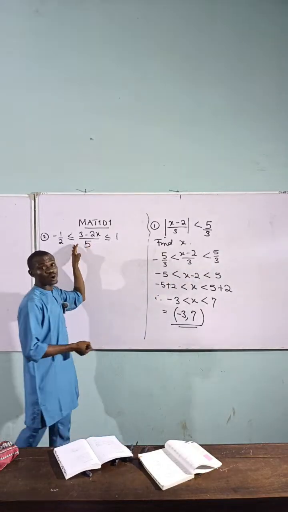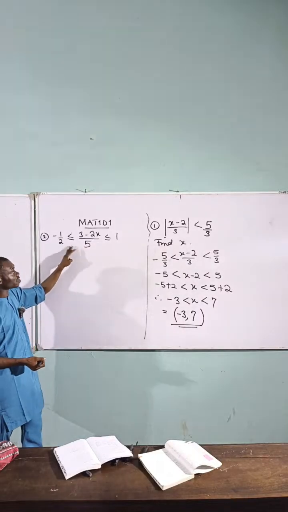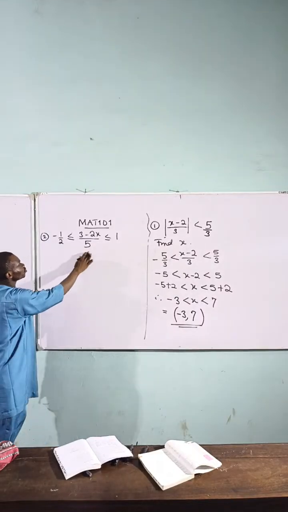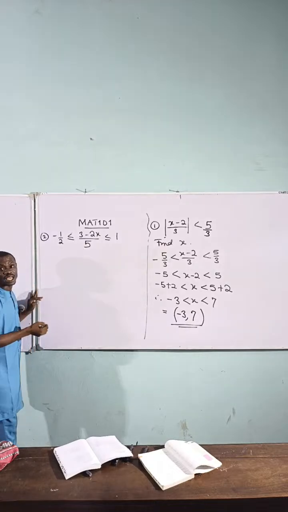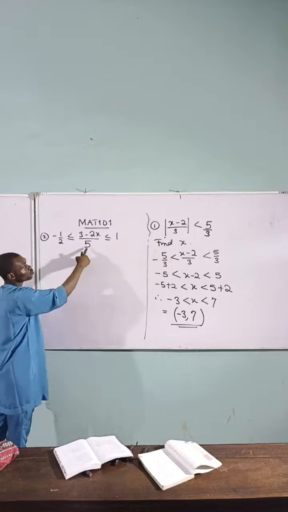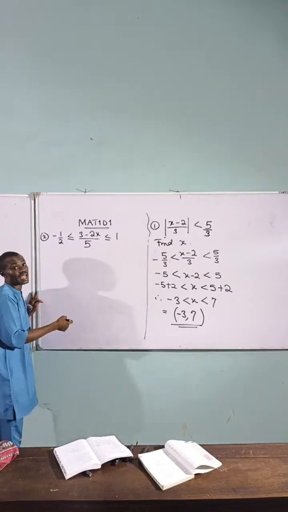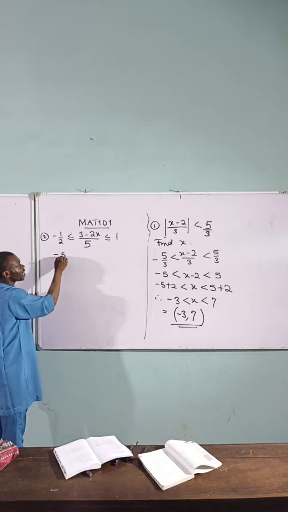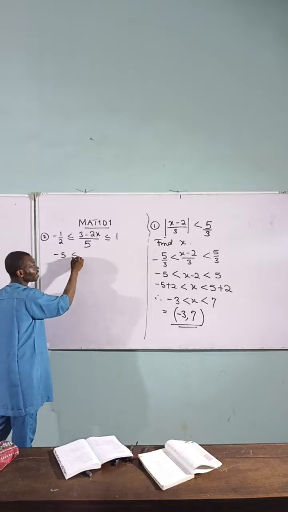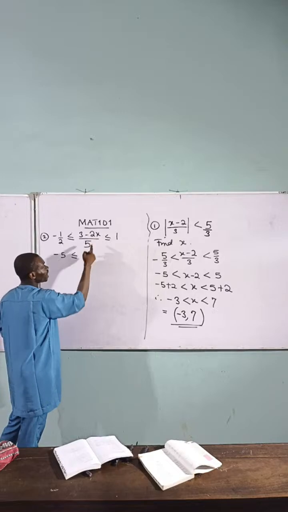So you always need to clear the fraction first. Here, you will clear this fraction by multiplying through with the LCM. The LCM of 2 and 5 is 10. So 10 will multiply this to give you minus 5, then less than or equal to. 10 will multiply this one.